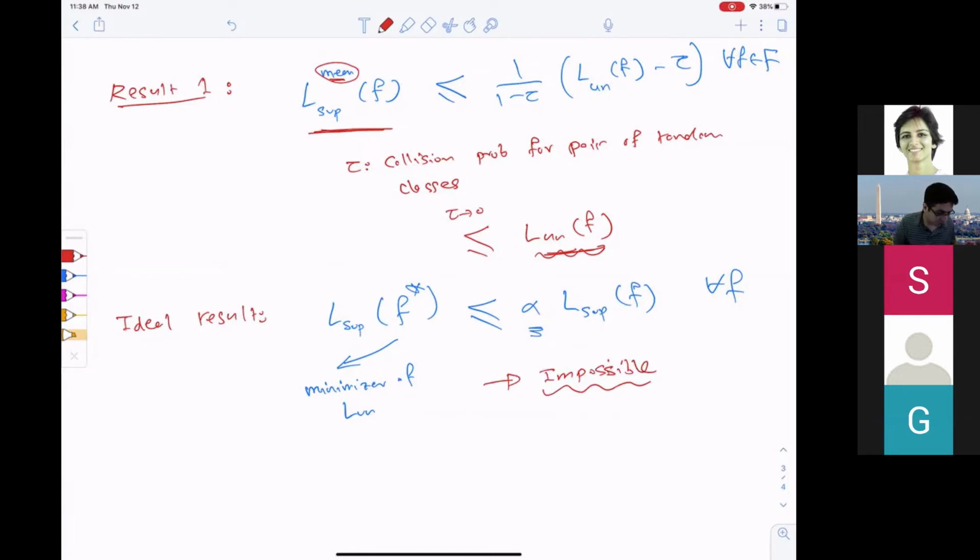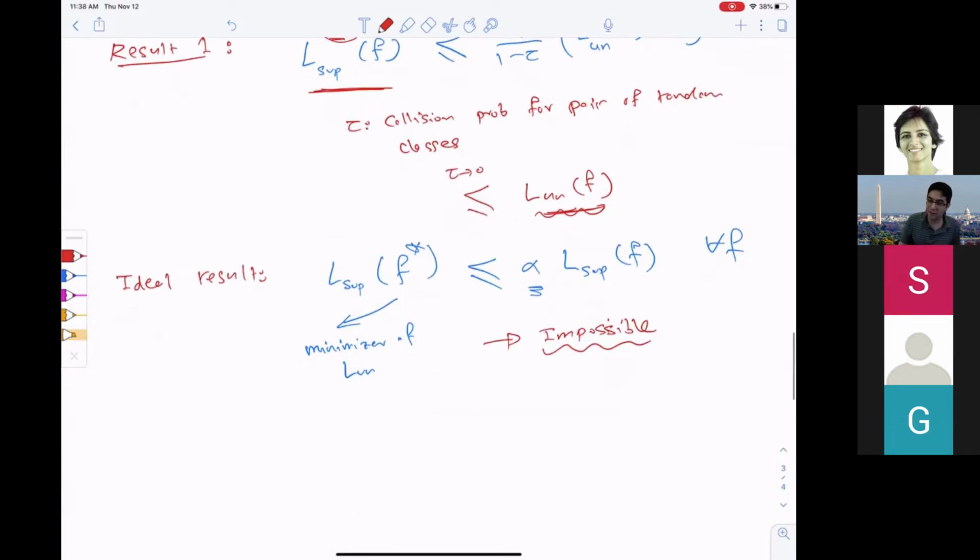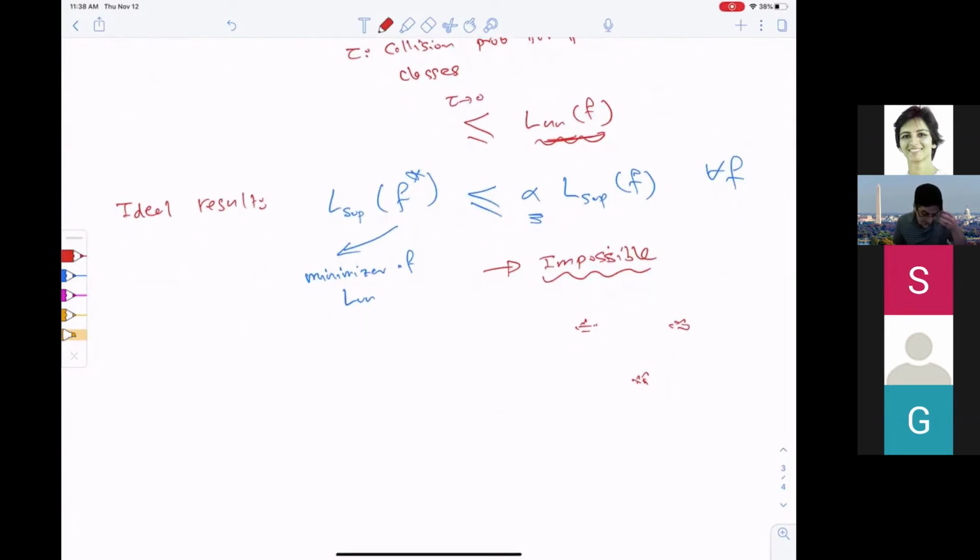They show that with some stronger assumptions, for example if the embeddings are tightly clustered and far from each other, then you can have a result like this. But in practice, I'm not sure how realistic this assumption is. Right, so that's basically the gist of the results of this paper. Are there questions?